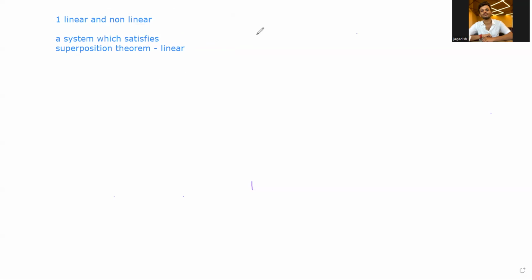Let's understand one example. What should a system have? It should have some inputs. So I will have two inputs. I will consider x1 of n as one of my inputs, connected to a functional block here. This will be my second signal, x2 of n.